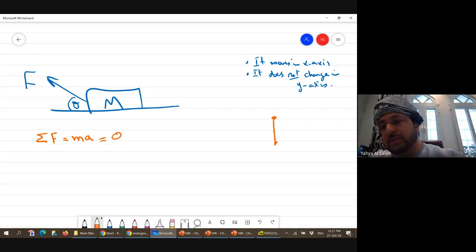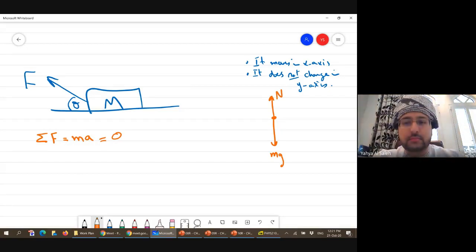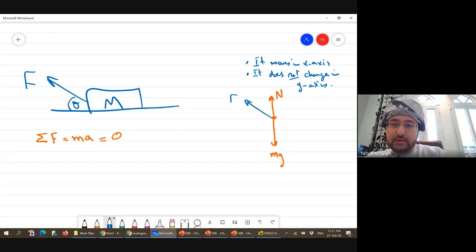We know it experiences gravity downwards, and it experiences normal force upwards. Okay. We also know it experiences this force at some angle theta. Correct?